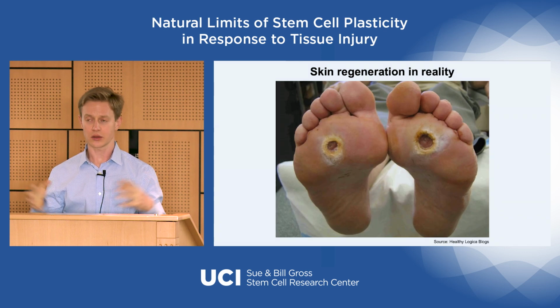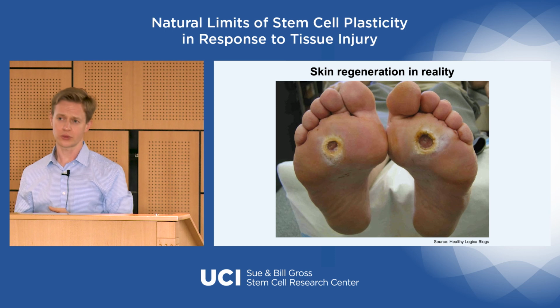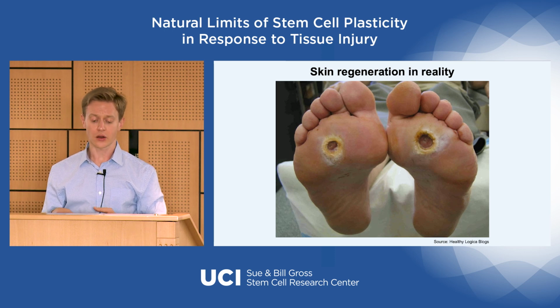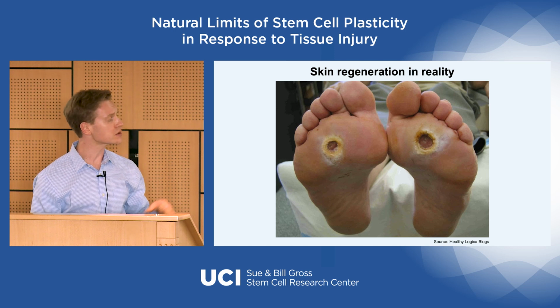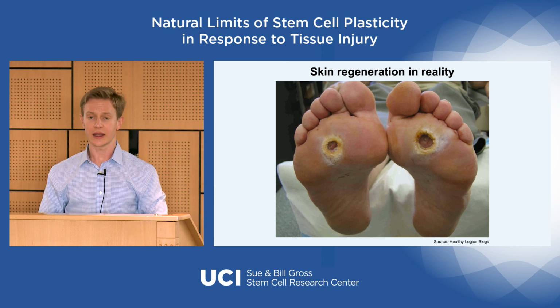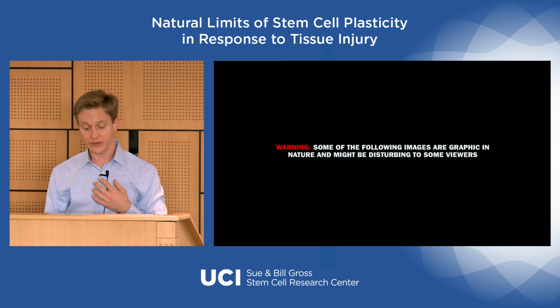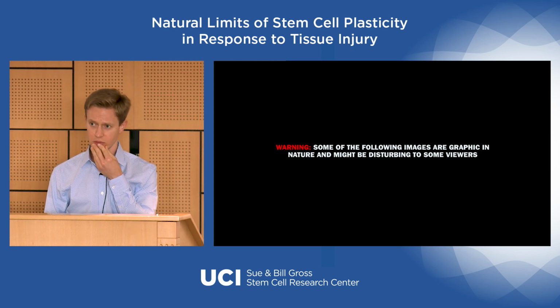This is an example of something that's really an intractable problem in wound healing: chronic wounds, especially in people with type 2 diabetes. A lot of times they appear on feet. They don't heal. This is a problem that we still have not solved. I apologize if you haven't had dinner, but some of these wounds could look very gruesome.